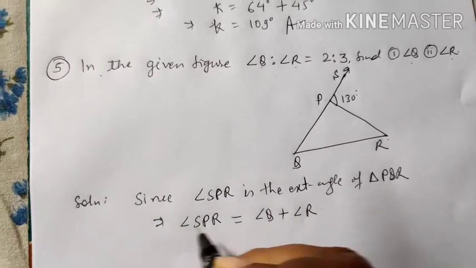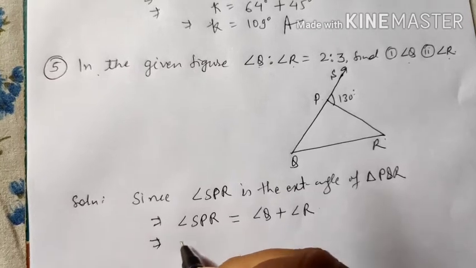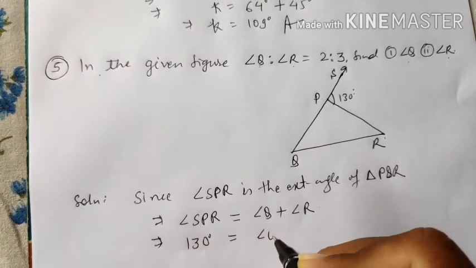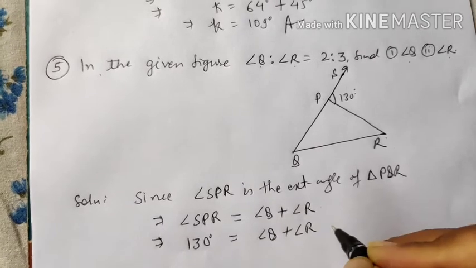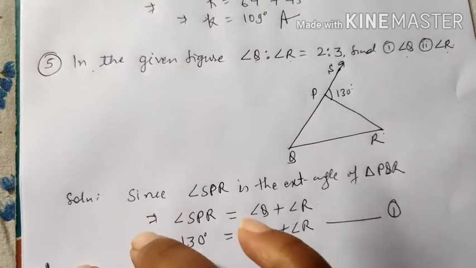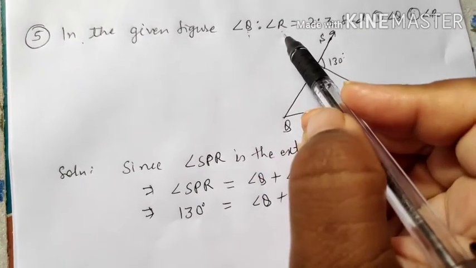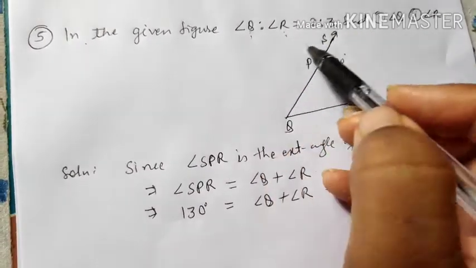Now, this implies angle SPR, that is 130 degree, must equal angle Q plus angle R. Equation 1. Now it is given that angle Q and angle R are in the ratio 2:3.